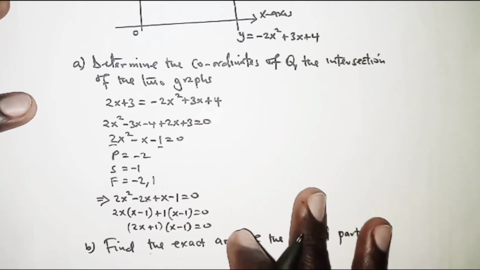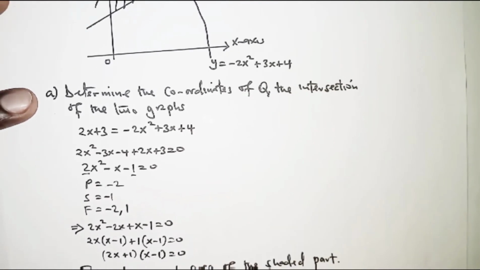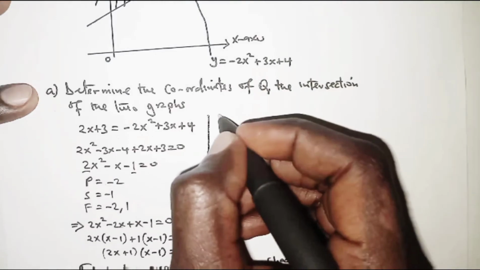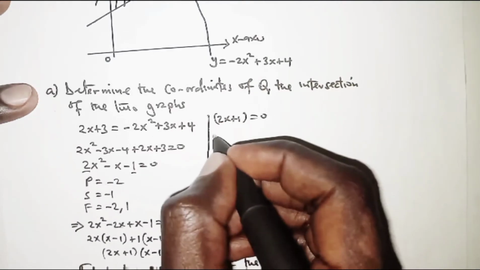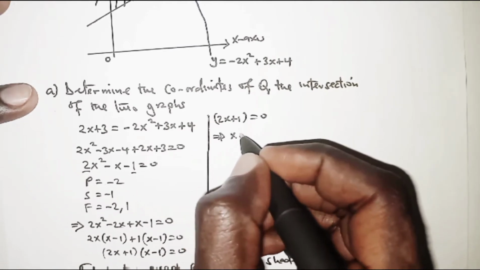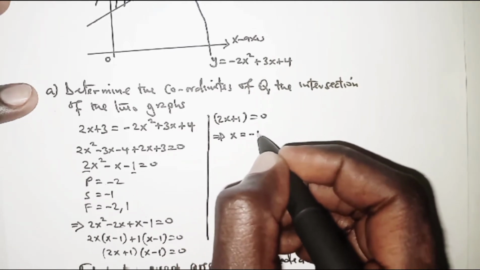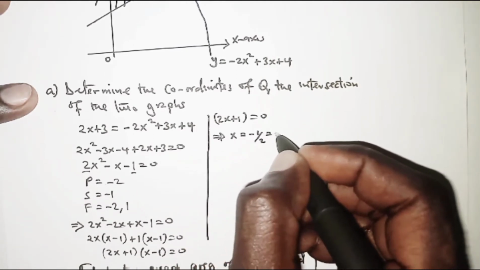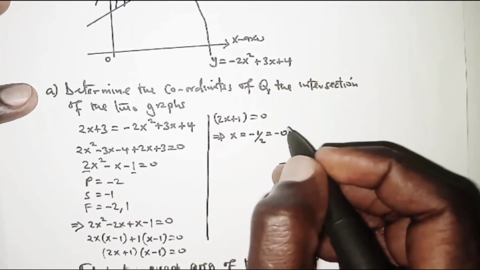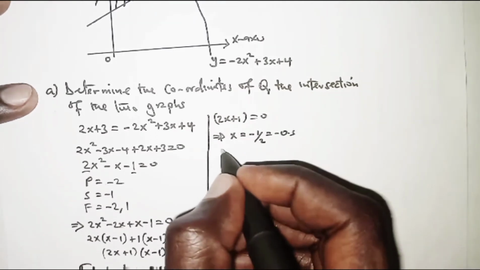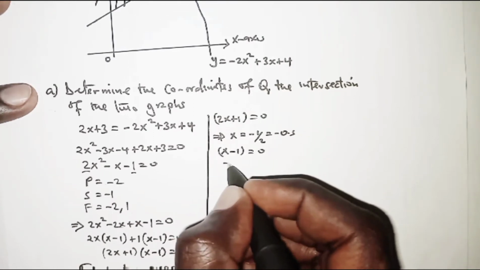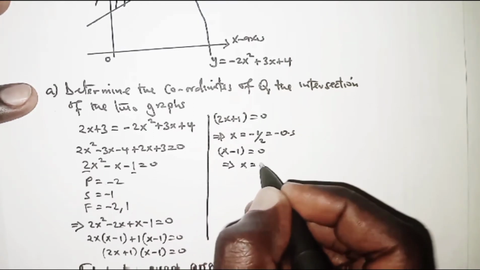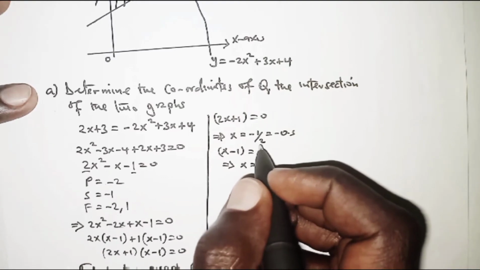From here we can now get the values of x. 2x plus 1 equals 0 implies that x is equal to negative a half or negative 0.5, and x minus 1 equals 0 implies that x is positive 1.